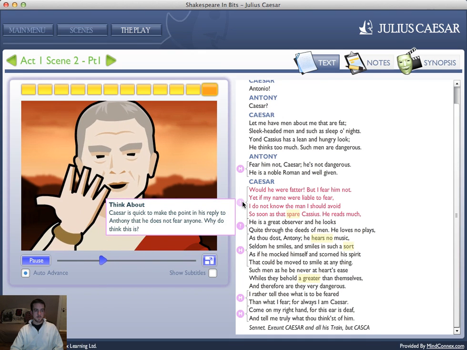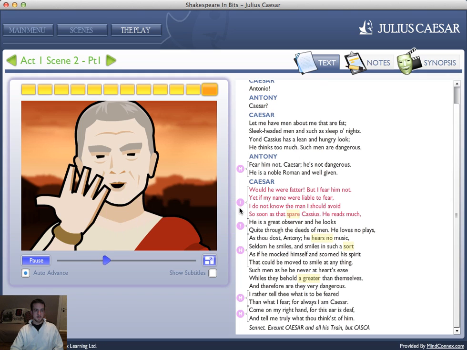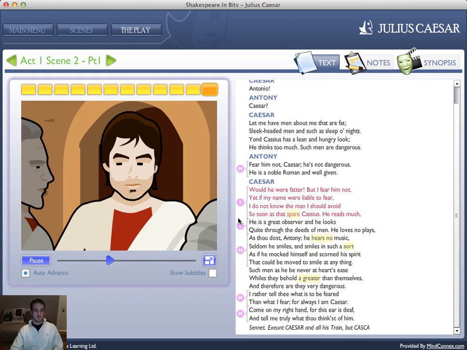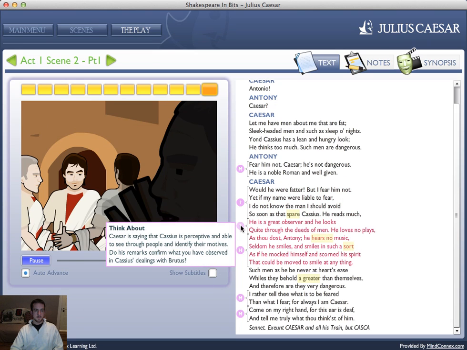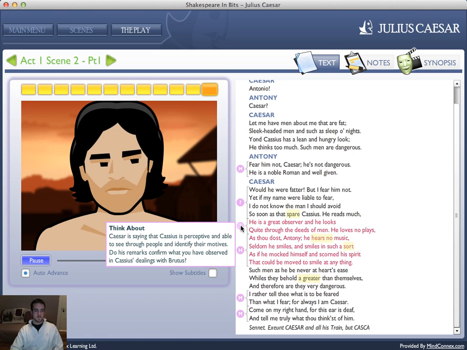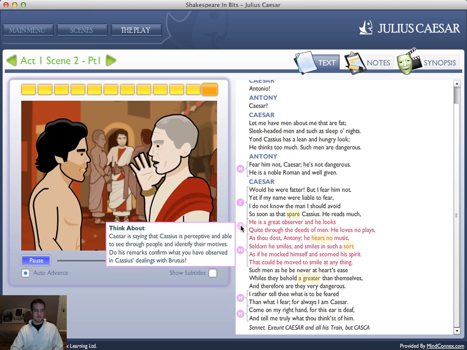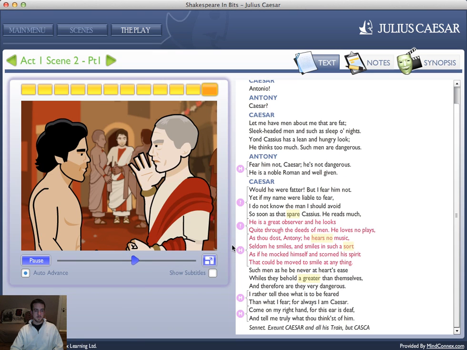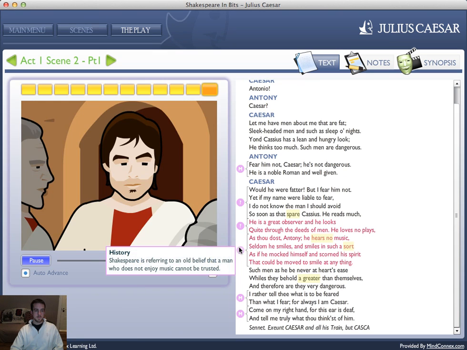Yet if my name were liable to fear, I do not know the man I should avoid so soon as that spare Cassius. He reads much, he is a great observer, and he looks quite through the deeds of men. He loves no plays, as thou dost, Antony. He hears no music. Seldom he smiles, and smiles in such a sort as if he mocked himself and scorned his spirit that could be moved to smile at anything.